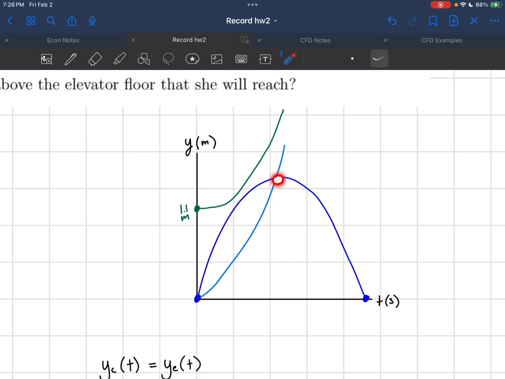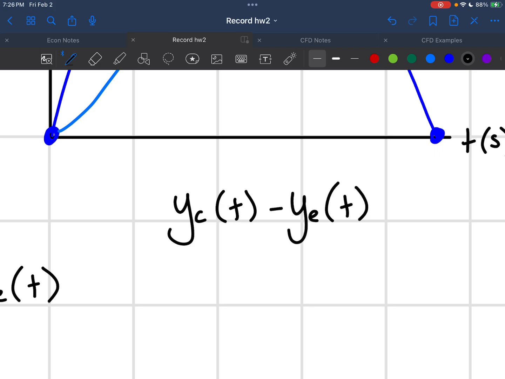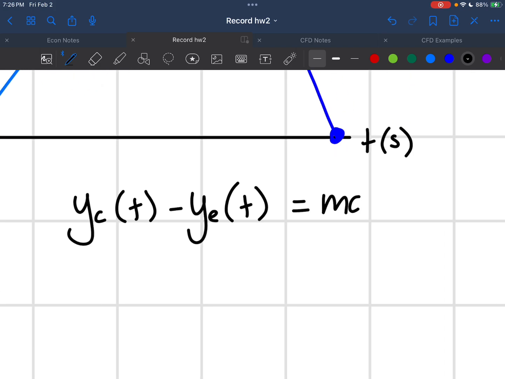The elevator floor could be catching up to her at that point. So really what we're looking at is the difference between Mary and the elevator. And I want to say that position of the cat minus the position of the elevator floor, I want to find where that is at a maximum, right? That will be her highest point above the elevator floor.